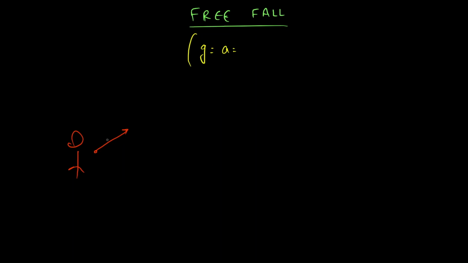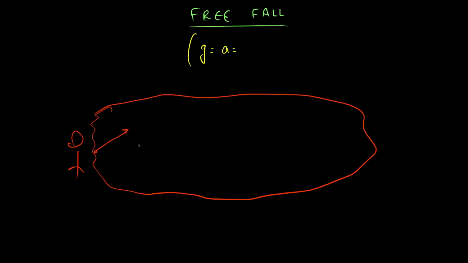Once you throw the javelin, remember always that our physics starts from the point when you have thrown it, not when the javelin was in your hands. When you moved your hand like this and it got released, some physics was applied there, like some force, some work done. We are not worried about that. As soon as the javelin is released from your hand, it is under free fall.